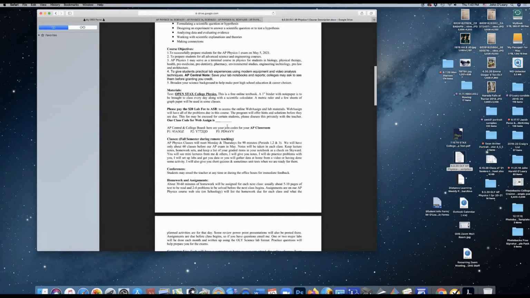This is pretty important. Since we don't have a textbook, we need a homework program called WebAssign, and that allows me to assign homework. I can put all kinds of little things on there, like hints and second chances. The homework will be redoable until you take a test on it, which is about every 2 or 3 weeks.